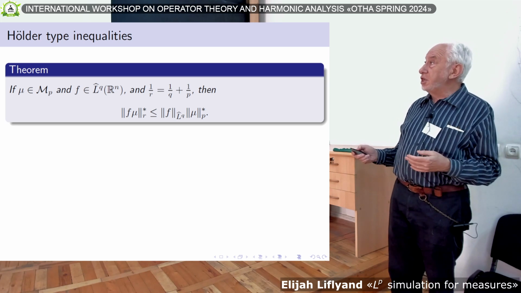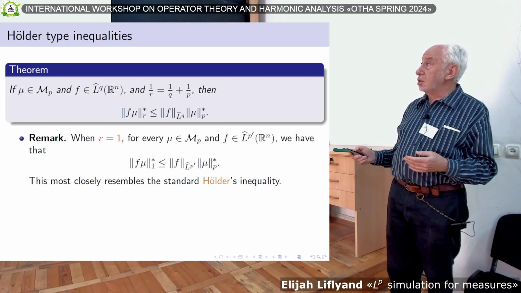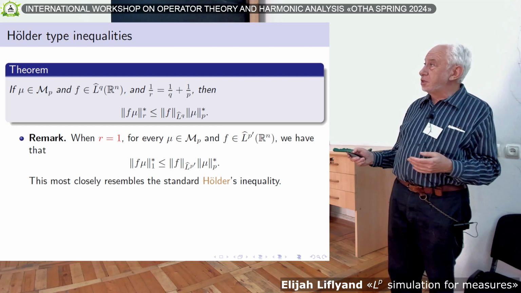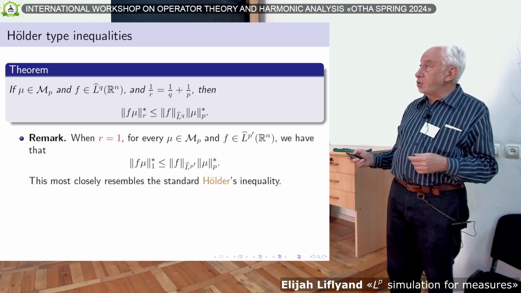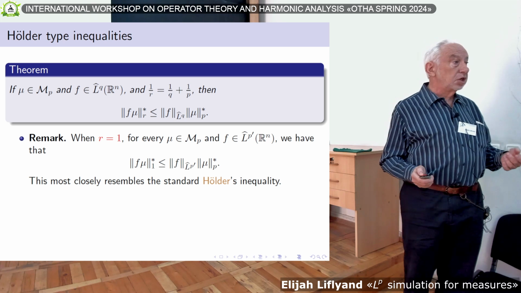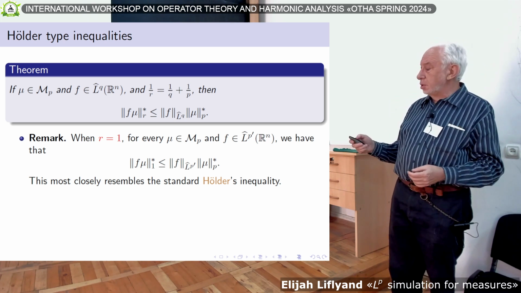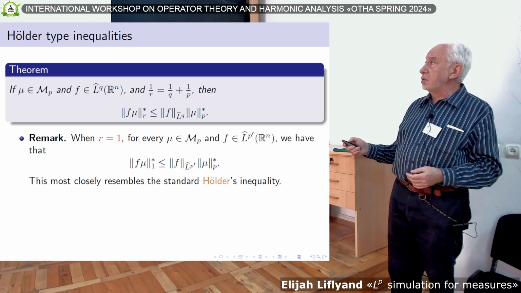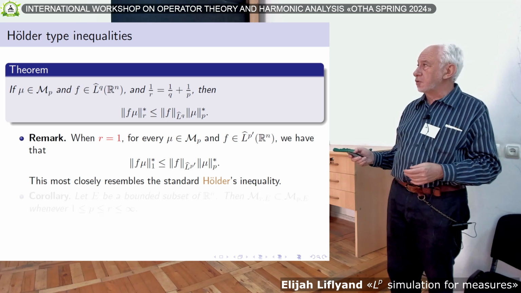And indeed, if we assume R to be 1, then we get a direct analog of the Hölder inequality. But you see, everywhere the norms are newly introduced norms. But we have a more extended, more general case for this.